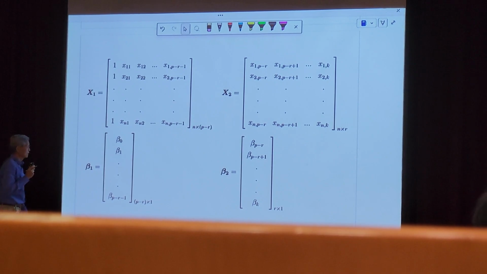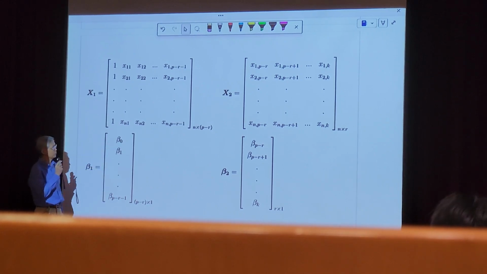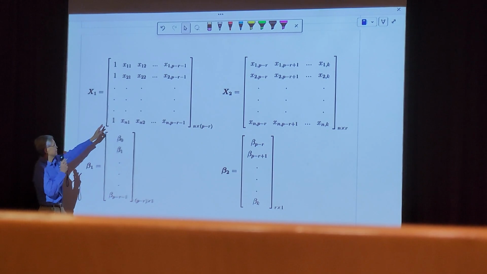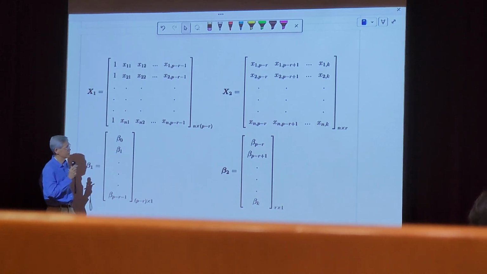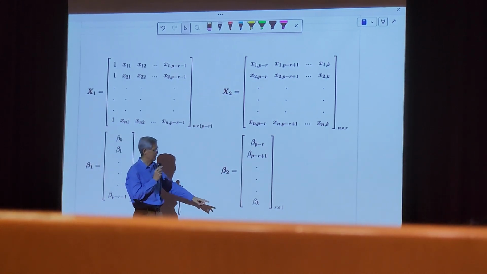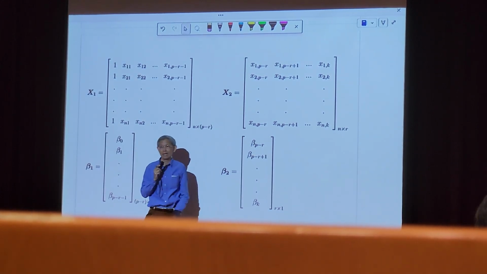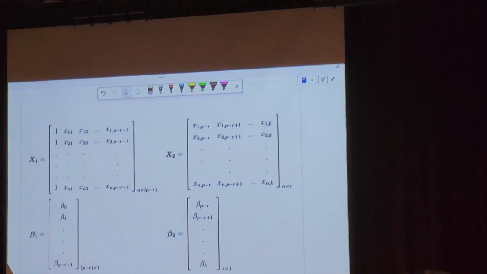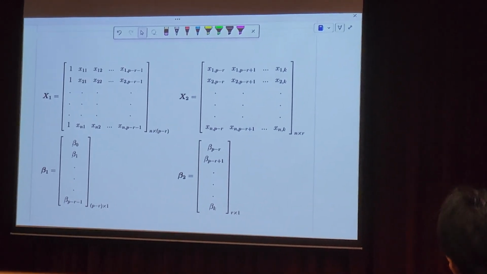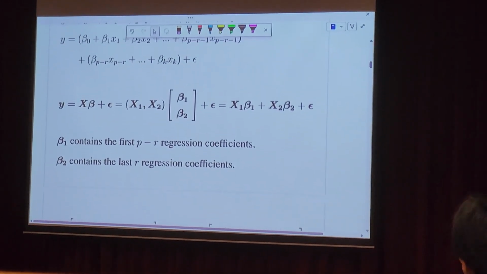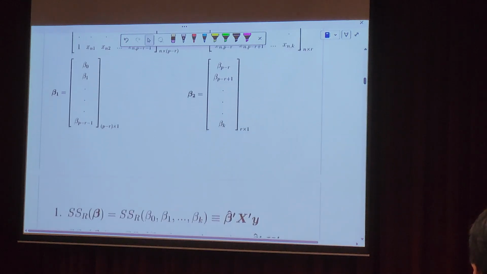So beta 1 is just the first p minus r regression coefficients, and then these are the regressor values corresponding to them. And then beta 2 is the r regression coefficients and the x values corresponding to them. So you need to understand what X1, X2 means. These are the matrices.